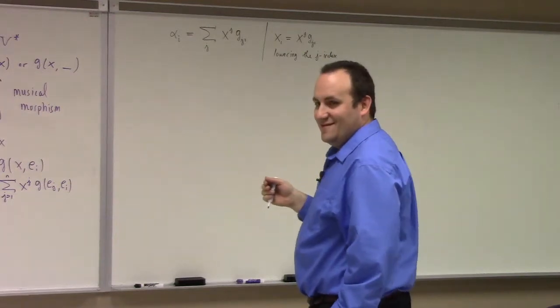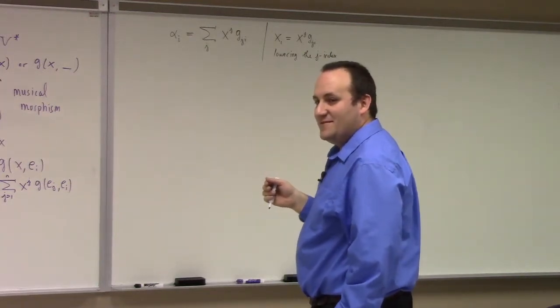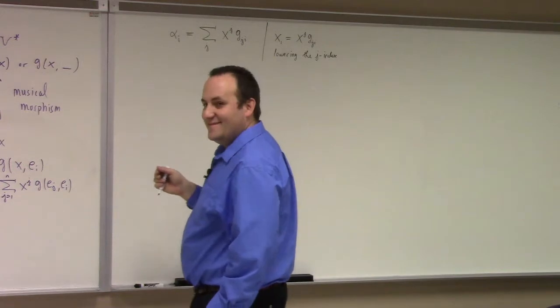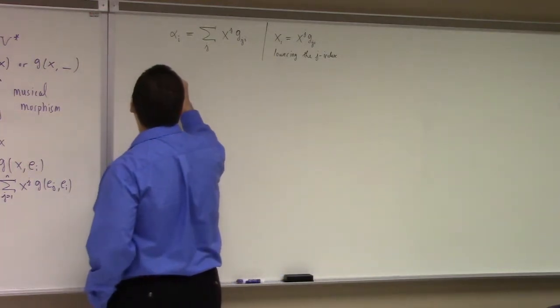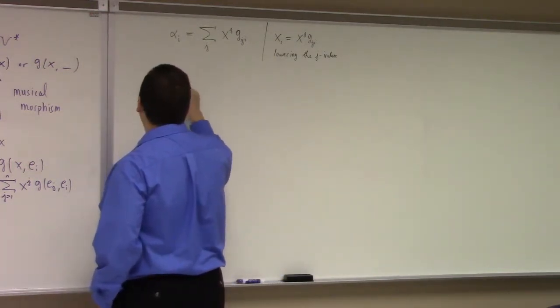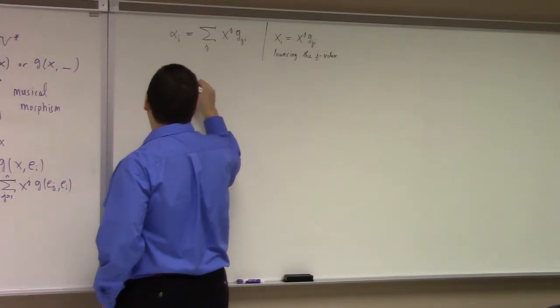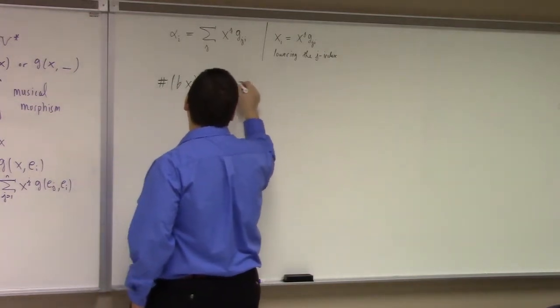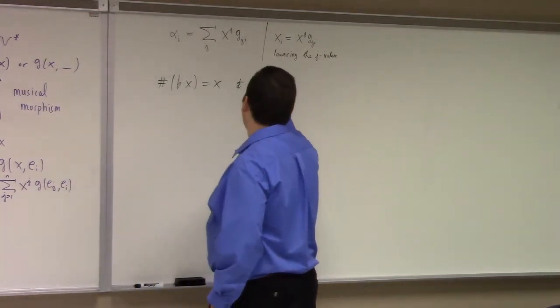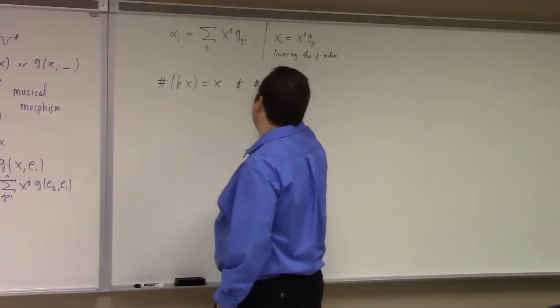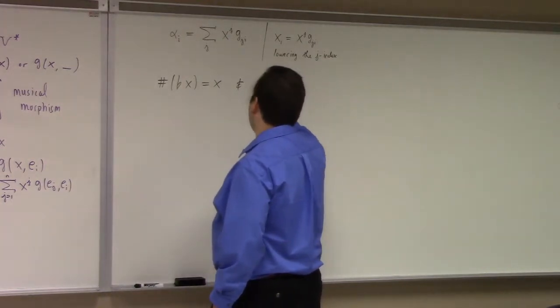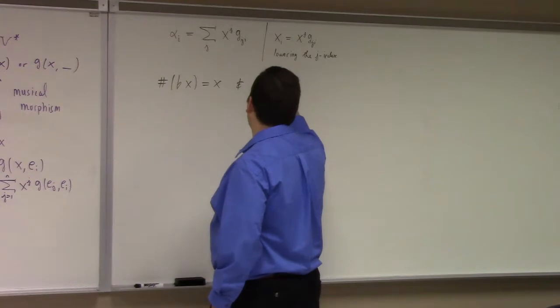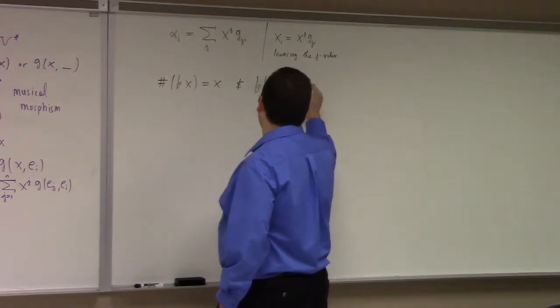So if you wanted to undo a flat, what would you do? Yeah, so sharp of flat of x is just equal to x again. And the flat of the sharp of alpha should be equal to alpha again.